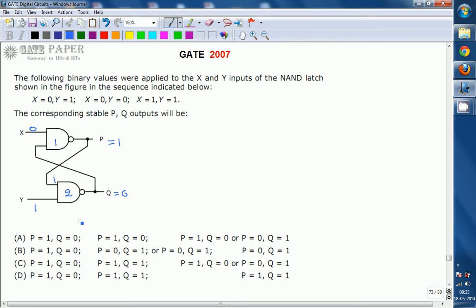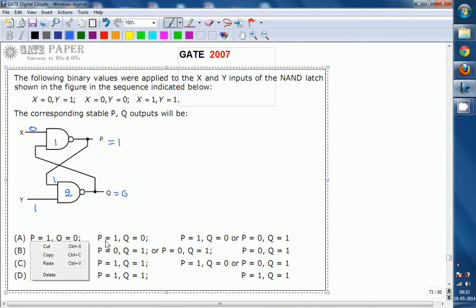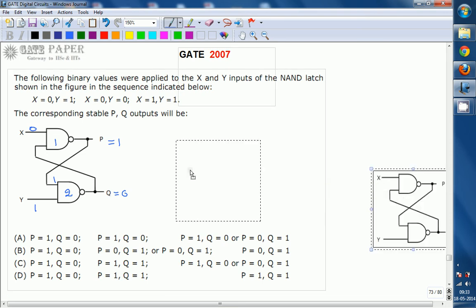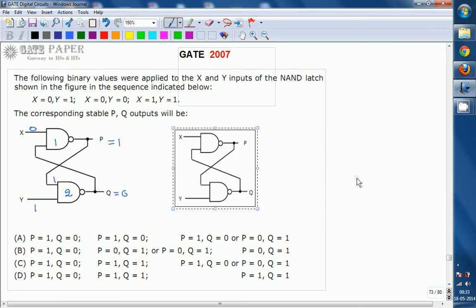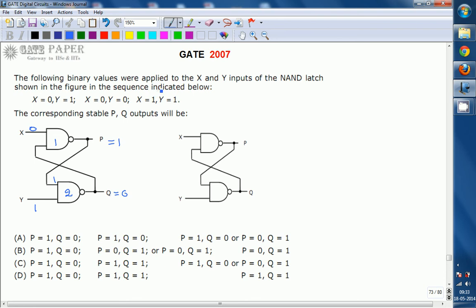Okay, and the next set you are applying is 0 0. So X is equal to 0 and Y is equal to 0.